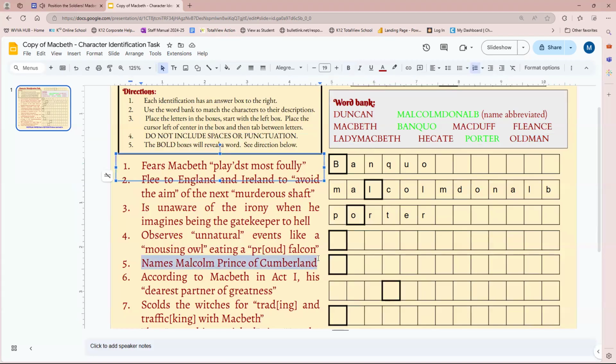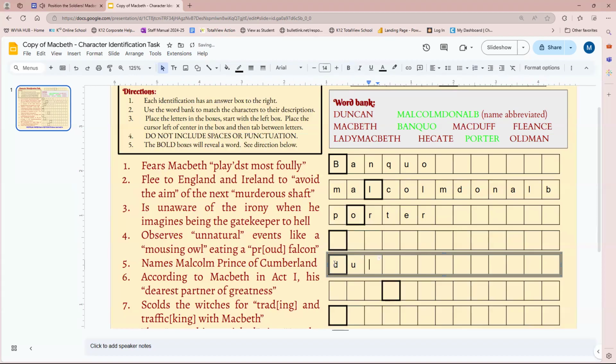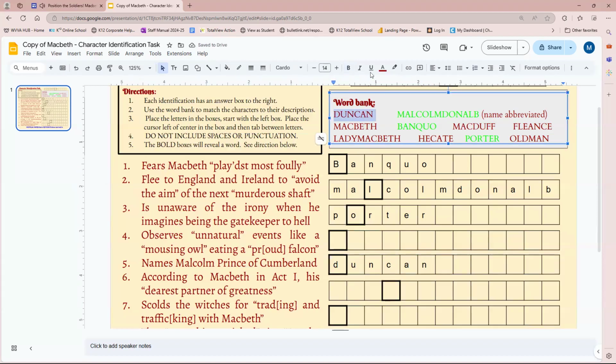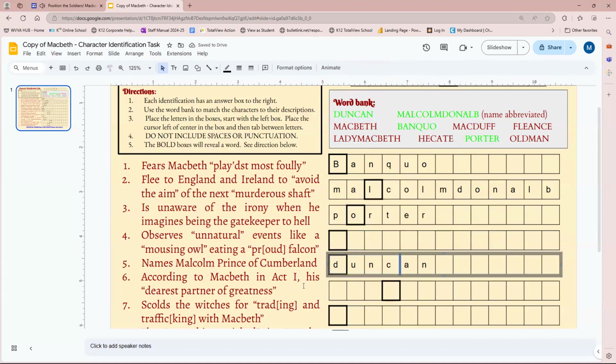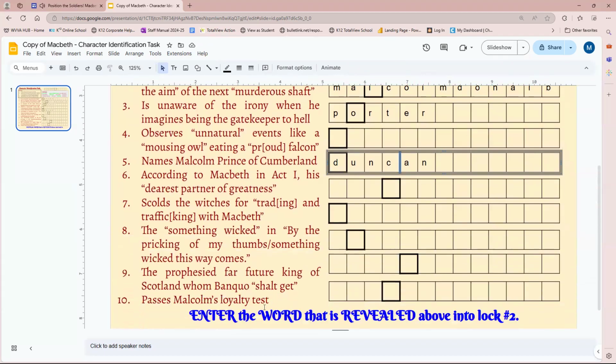Who names Malcolm Prince of Cumberland? Well, the only one that could do that is his dad, Duncan, the king. According to Macbeth in Act 1, his dearest partner of greatness.